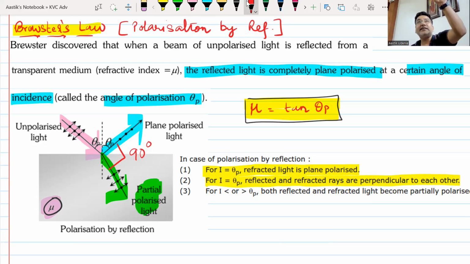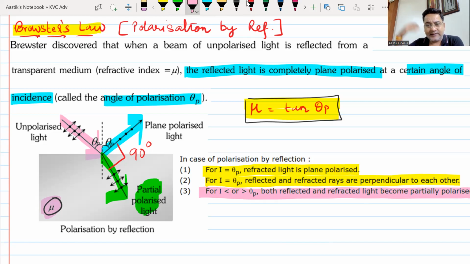That angle of incidence is known as Brewster angle, and tan of that Brewster angle is equal to mu. This is known as Brewster law. Do you understand this? Yes. If the angle of incidence is less than or more than Brewster angle, the light will not be perfectly polarized. The reflected and the refracted light will remain partly polarized. Do we understand this? Yes, sir.